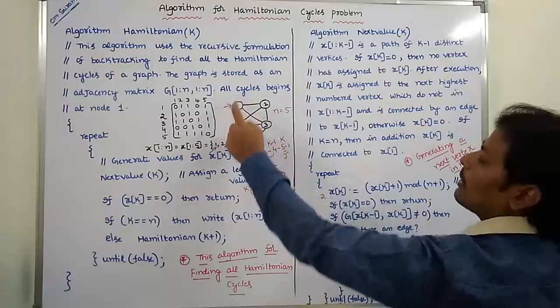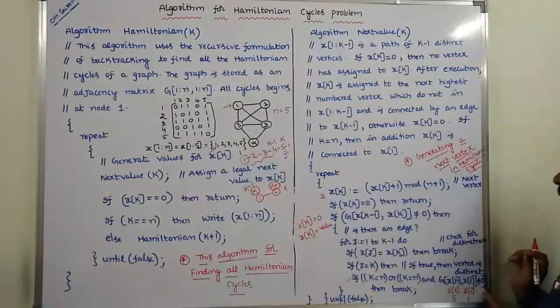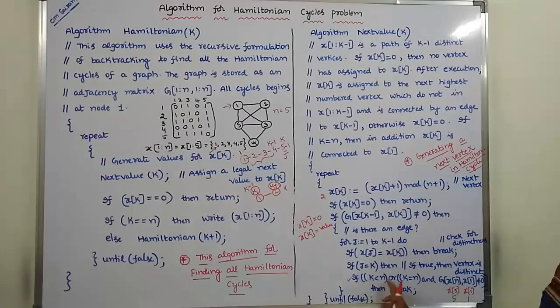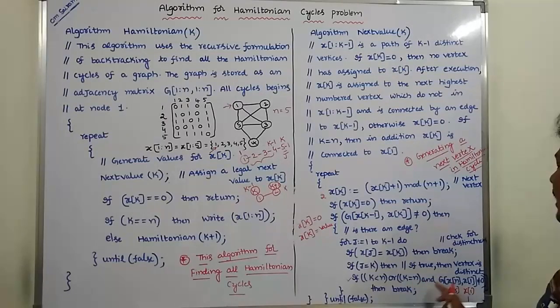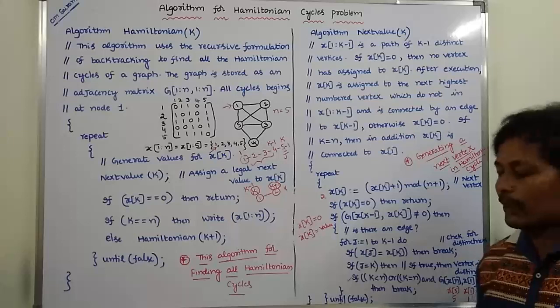Yes, 5 and 1 are connected by an edge. Here we have to check two conditions: whether k is less than n or k is equal to n, and g of x of n comma x of 1 is not equal to 0.